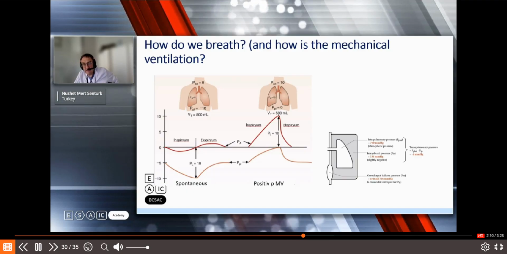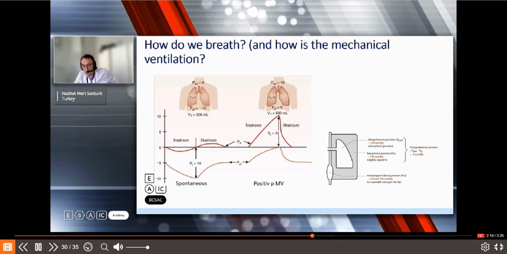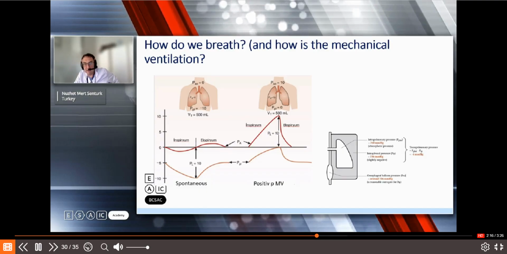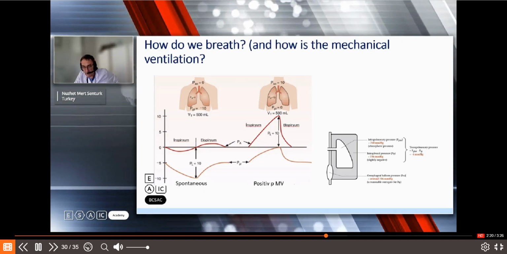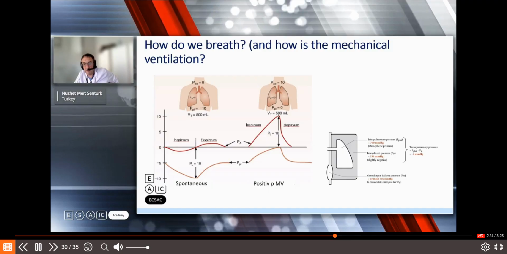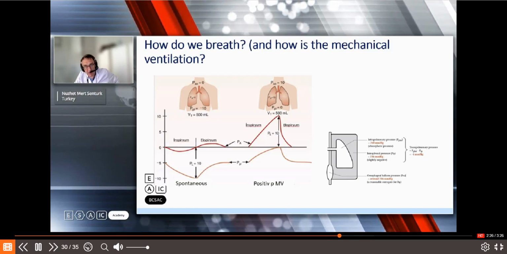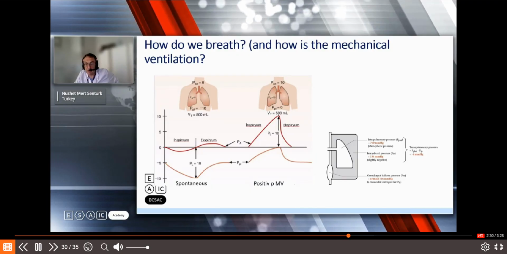It's not easy to measure the pleural pressure, but if I have an esophageal balloon, this is a reasonable surrogate for the intrapleural pressure, and therefore I can measure the intrapleural pressure as a surrogate, and so also the transpulmonary pressure.